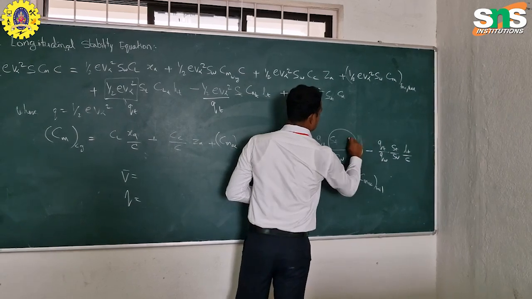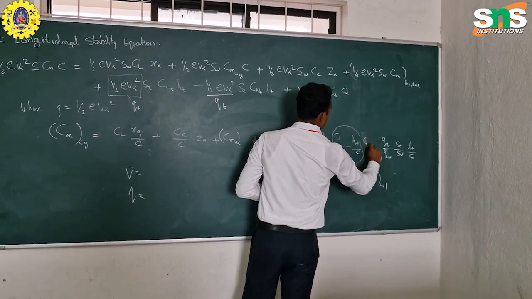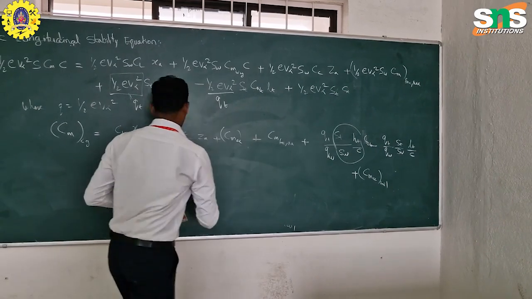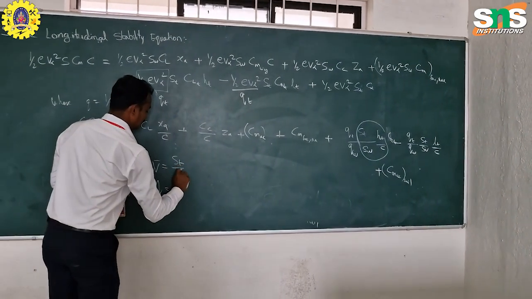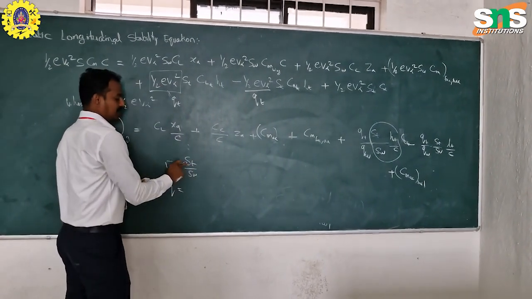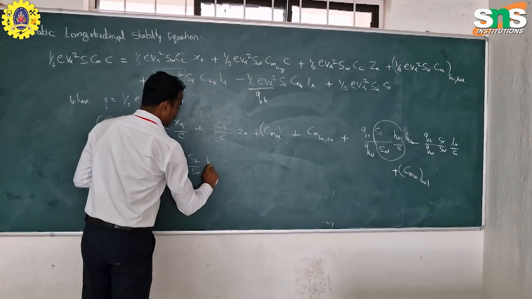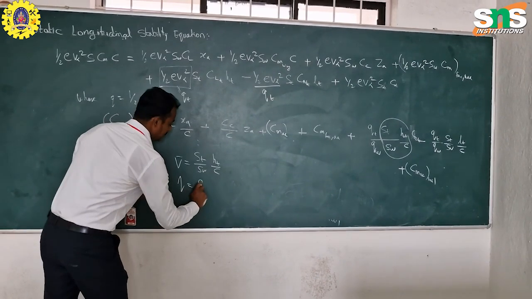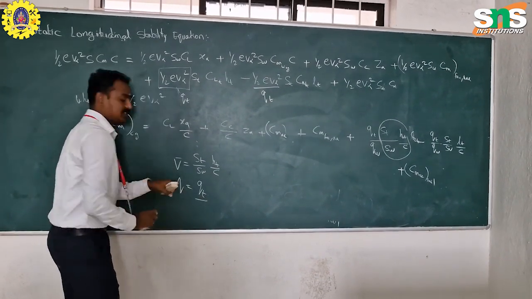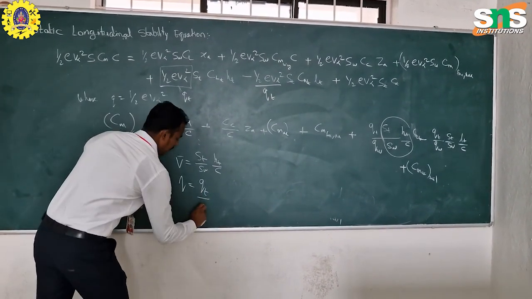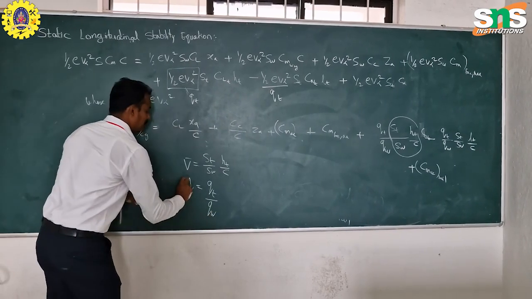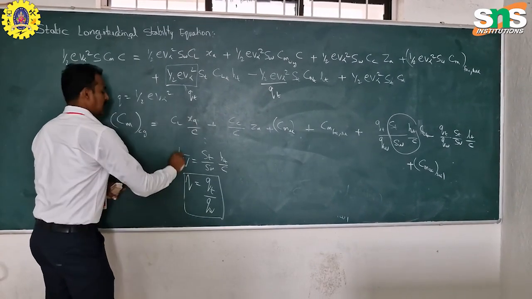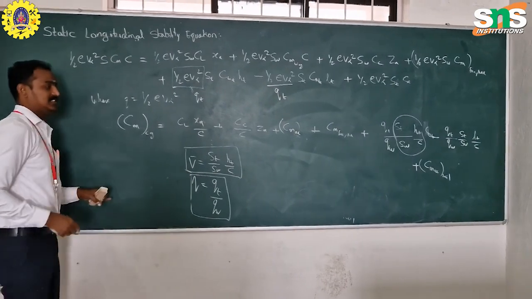We can replace this H T by C N T. So this term, S T by S W, the tail surface by wing surface, into distance of tail by chord, is the tail volume ratio. Tail efficiency is the dynamic pressure over the tail divided by the dynamic pressure produced by the wing.